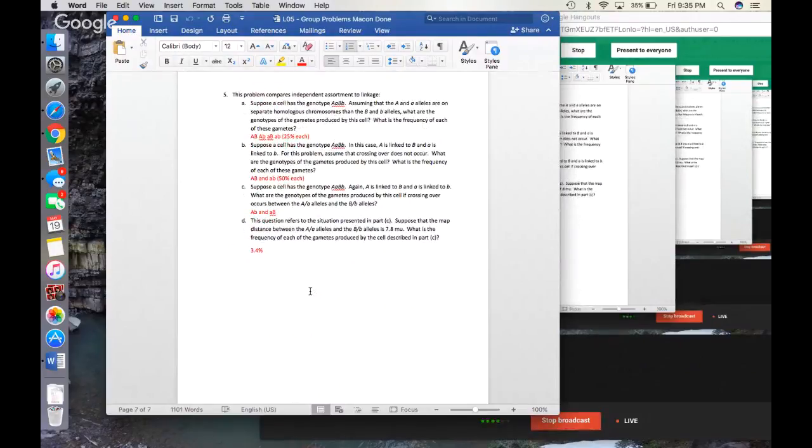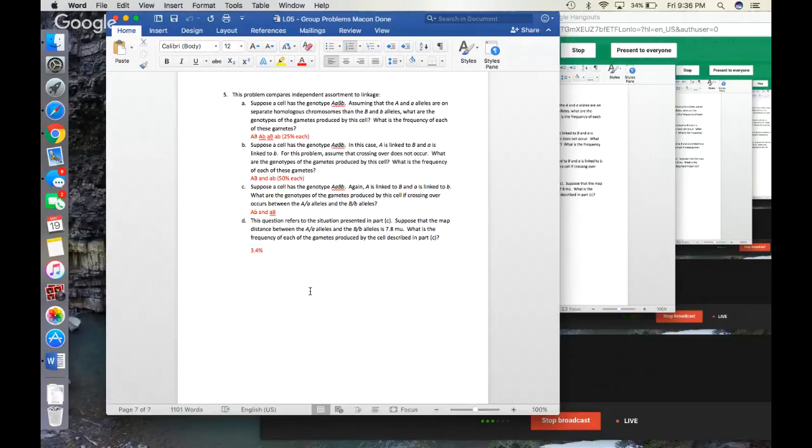And for number 5, for A, when you breed the heterozygous parents together, you're going to get a 25% frequency for capital A, capital B, and a 25% frequency for capital A, lowercase b, and then 25% frequency for lowercase a, capital B, and a 25% frequency for lowercase a, lowercase b.